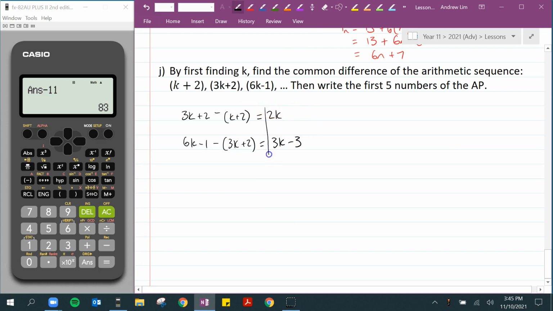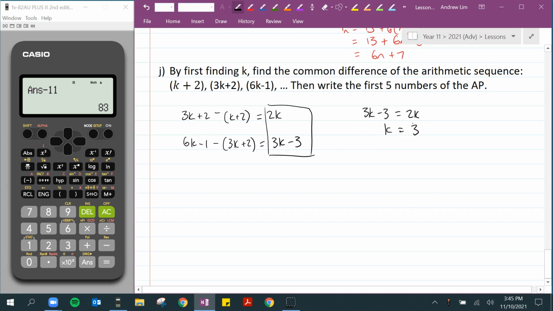So now we know that these two are equal to each other, because they are the common difference. So we've got 3k minus 3 is equal to 2k. Let's subtract 2k from both sides and add 3 as well, so that gives me k is equal to 3.